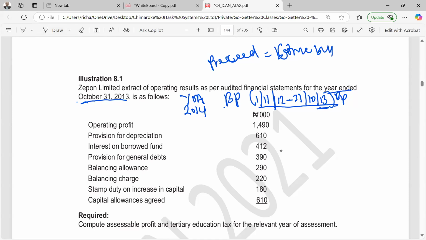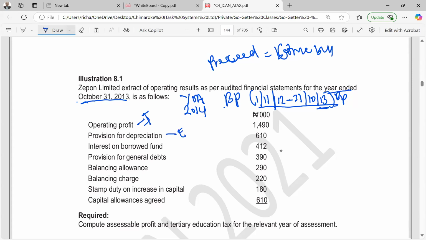Now we have the operating profit. So this is operating profit. This is provision for depreciation. This is interest on borrowed fund. So this one is income. This one is expenses. This one is expenses. This one is expenses. Balancing allowance is going to be deducted.